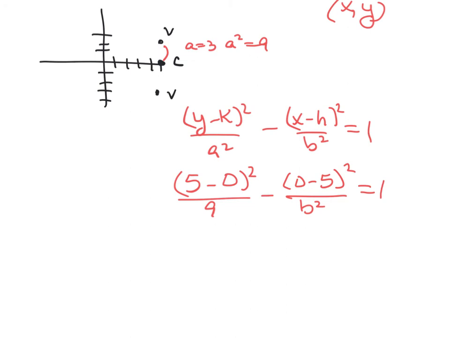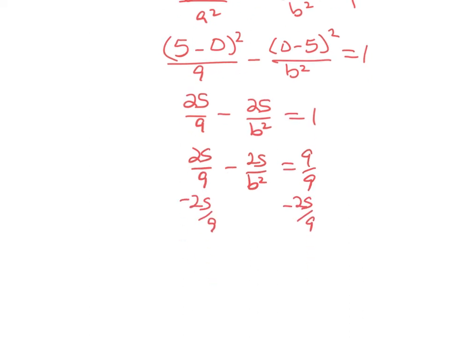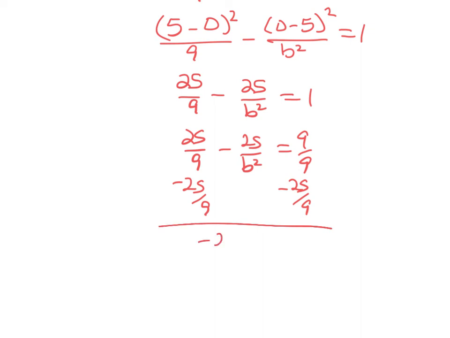Let me simplify: 25 over 9 minus 25 over b squared. I can change the 1 into 9 over 9 and subtract 25 over 9. Now I get negative 25 over b squared equals negative 16 over 9.